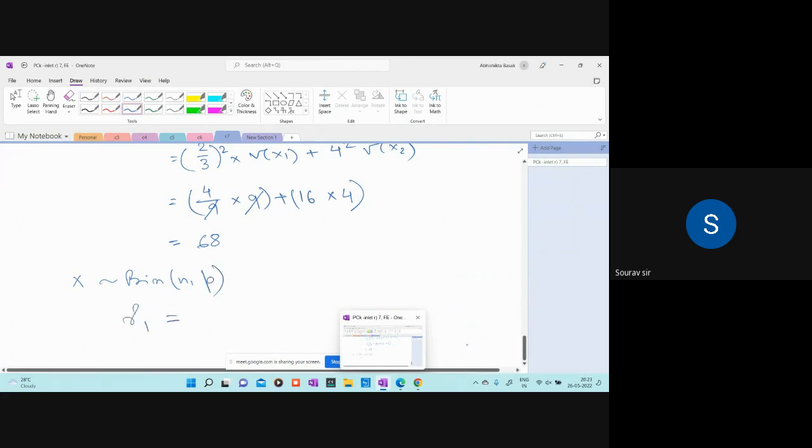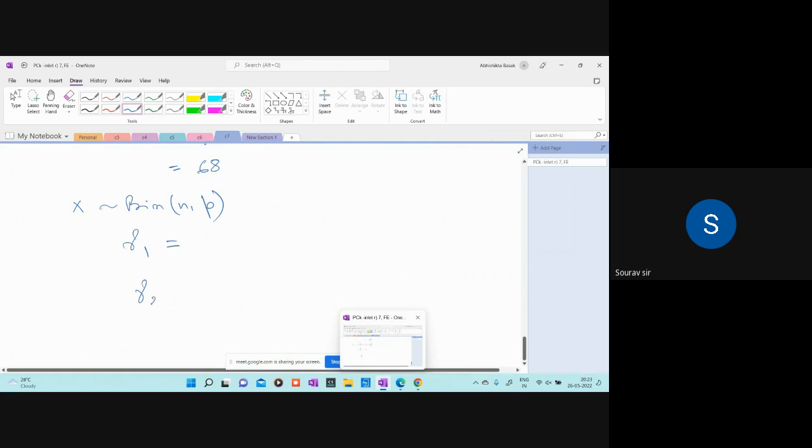So for gamma 1, what will be the formula? And for gamma 2, what will be the formula? The general formula you said is absolutely correct, but since it's an objective paper, you cannot derive it on the spot during the exam. It's very difficult, so you have to remember the formula for gamma 1 and gamma 2.